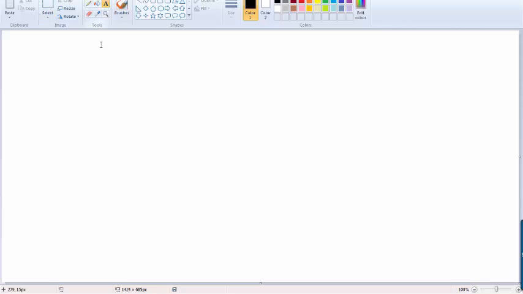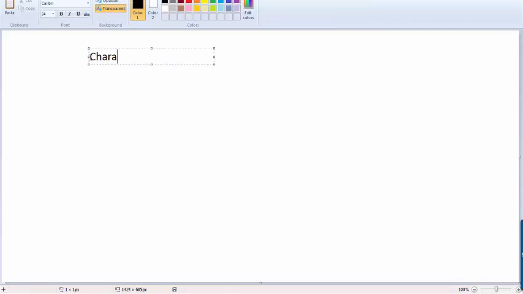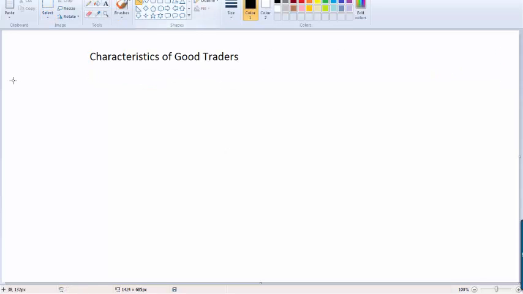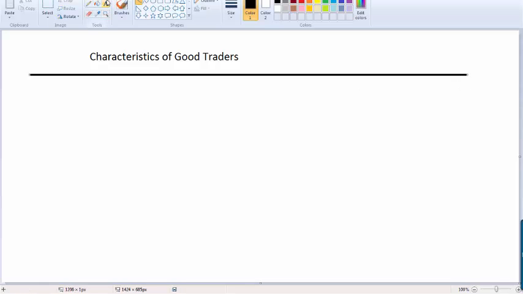We're going to call this characteristics of good traders. Now, by the way, these characteristics may apply to different areas, but this is what I've seen over time. So let's start backwards.